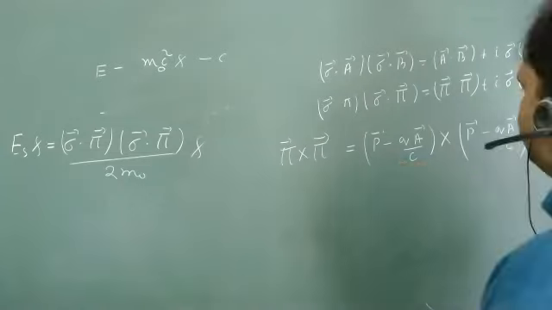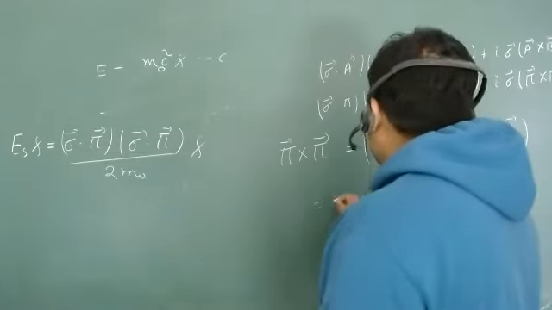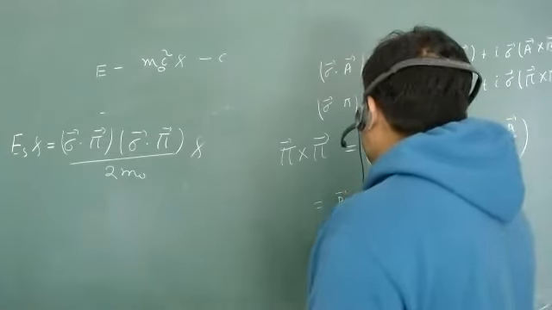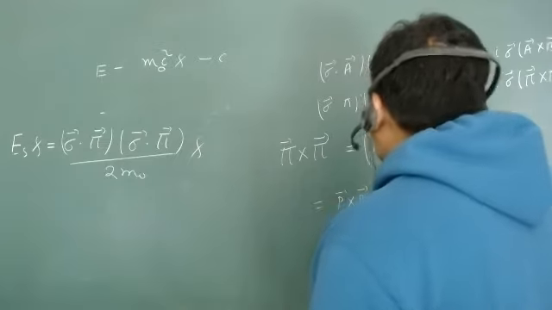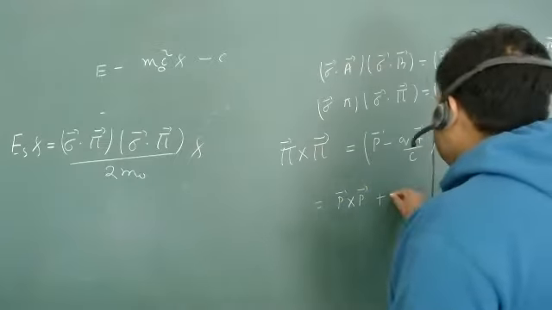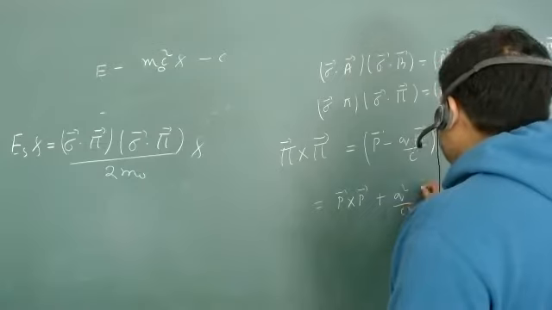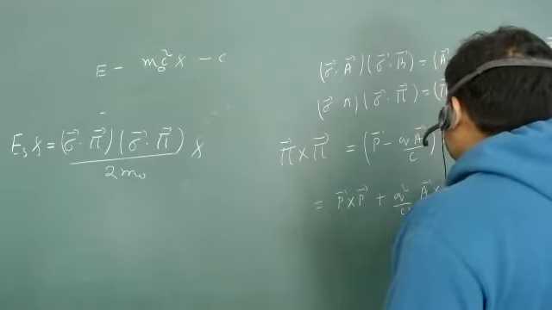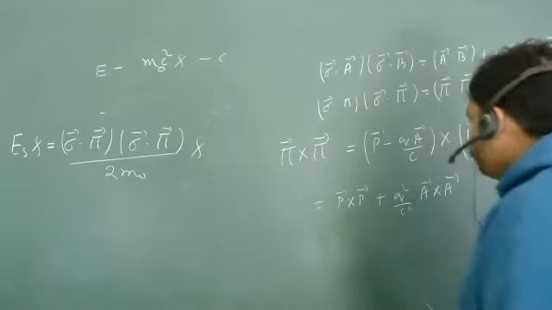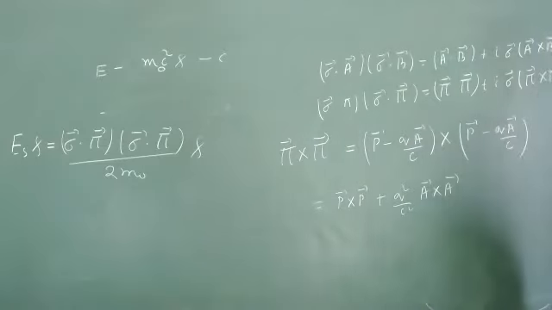And we have 4 terms. What are these 4 terms? First term is P cross P. Okay. Second term is Q square upon C square, A cross A. Okay. And what about the third term?